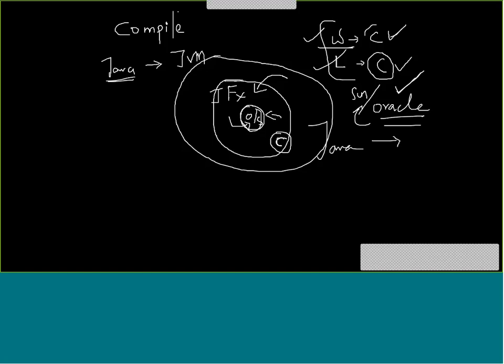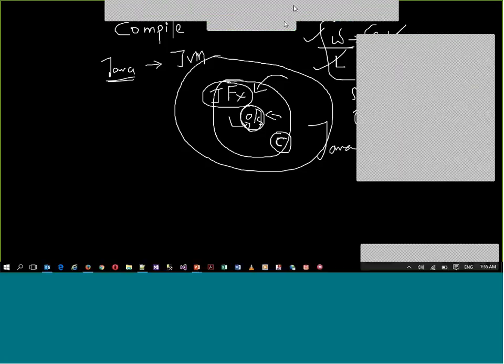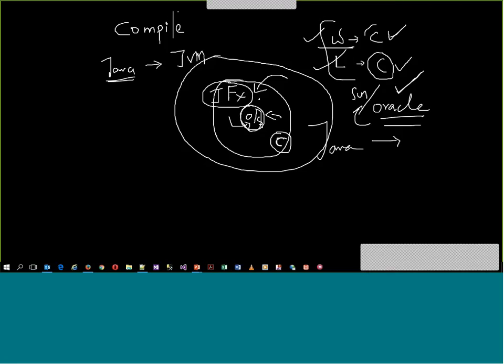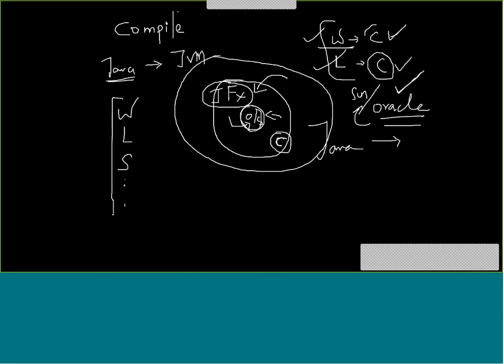Now you can see the Oracle vendor takes care of developing this Java framework for all platforms, which means we have a Java framework for Windows, we have a Java framework for Linux, we have a Java framework for other Sun Microsystems platforms and Chrome and so on. Every platform has its own Java framework version.